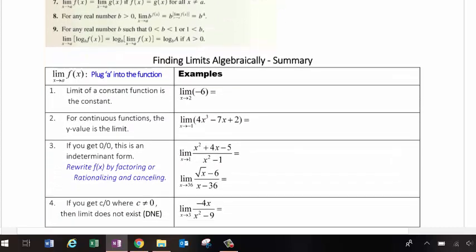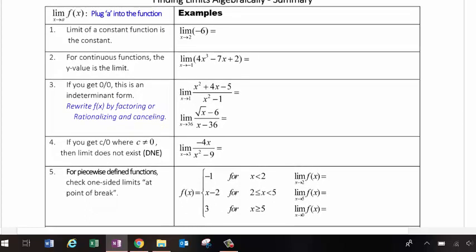So we're going to look at some examples here. You're going to want to have your paper out so you can also look at those pieces. I put it in a chart to quickly go over some ideas. This first one goes over the idea: if we're talking about a constant function, if my function is always -6, it doesn't matter what I'm approaching from left to right, it's always going to be -6.